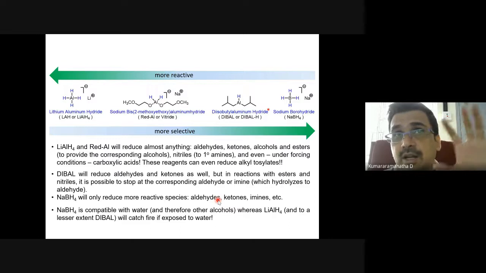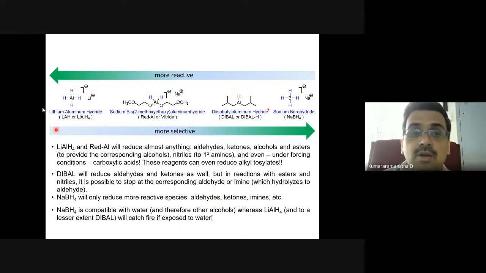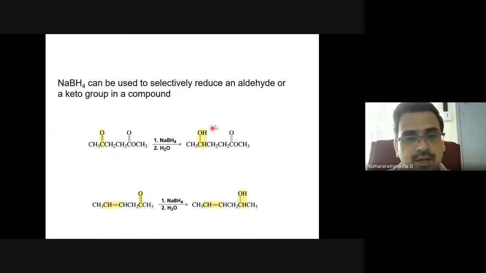Even sodium borohydride is a very good reducing agent, but compared to lithium aluminum hydride, it is weak. That is the reason you can get selectivity. You can see this example where the double bonds are not being saturated here. You want to reduce only this group. In that situation, you can go for sodium borohydride. But if you take lithium aluminum hydride, you will make OH, but it will be saturated. So if you want that selectivity, you can use sodium borohydride.